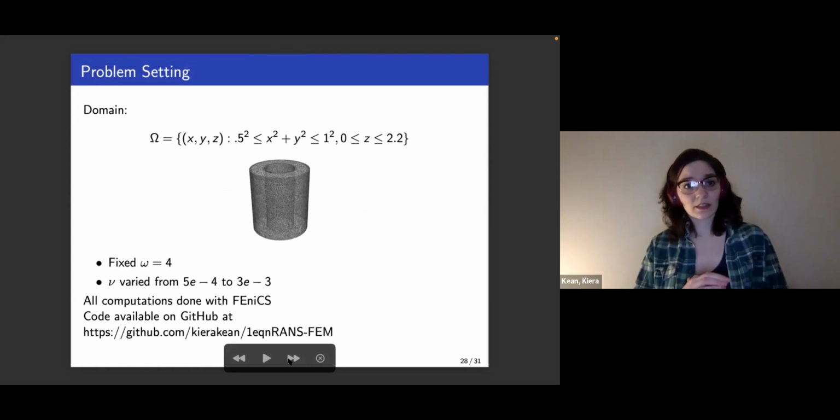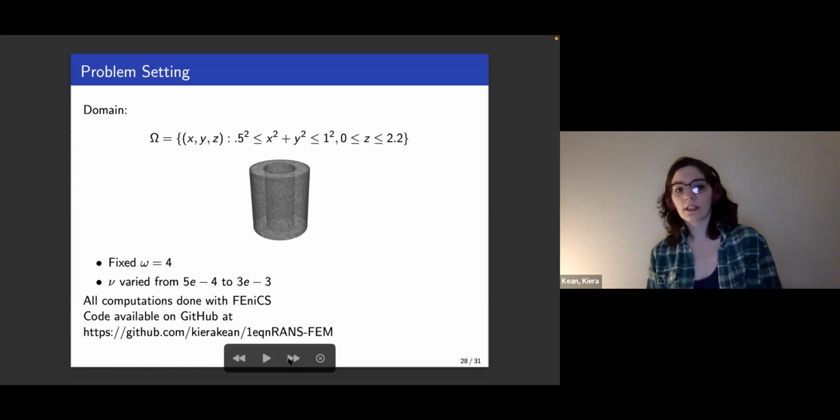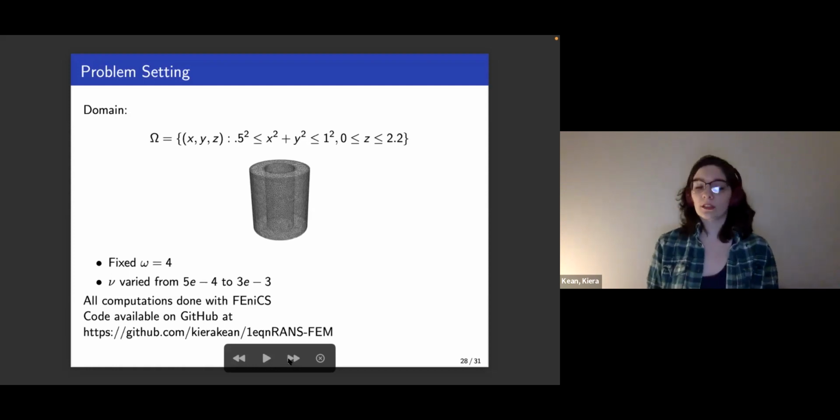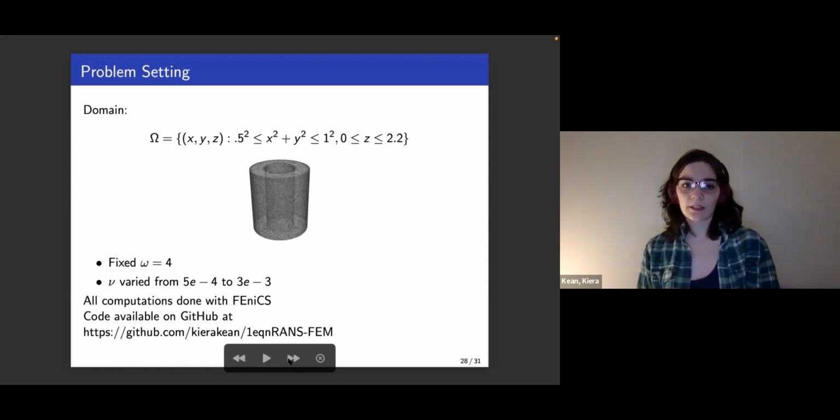So we did all of our calculations in FEniCS. The code is actually available on my GitHub if you're interested. We varied the viscosity to vary the Reynolds Taylor number, and we fixed the rotation speed, angular velocity.